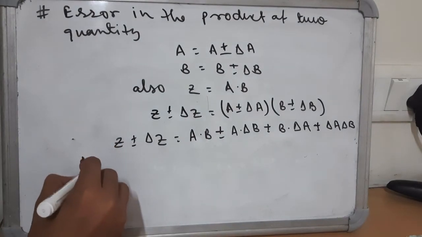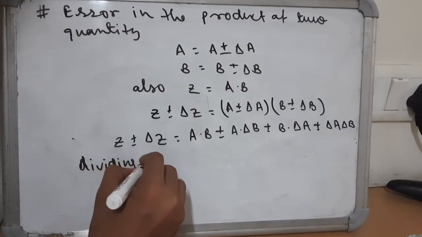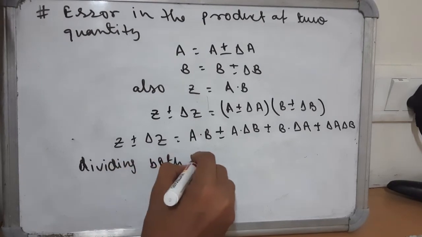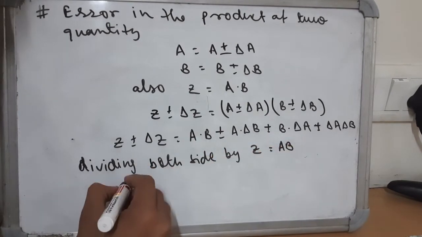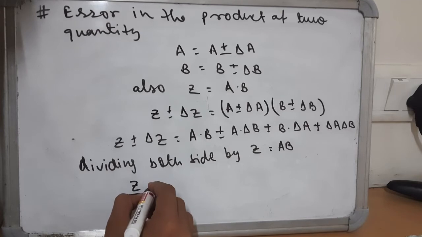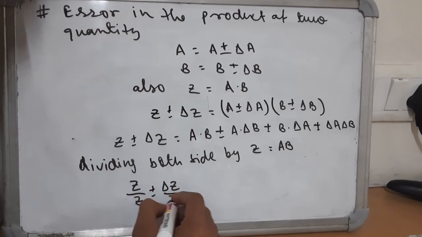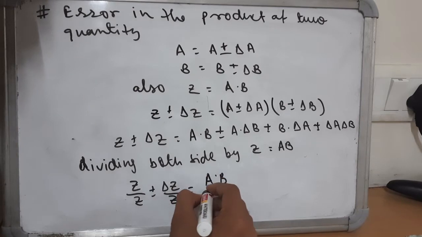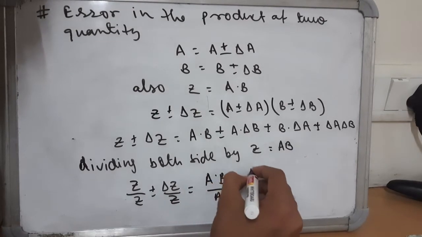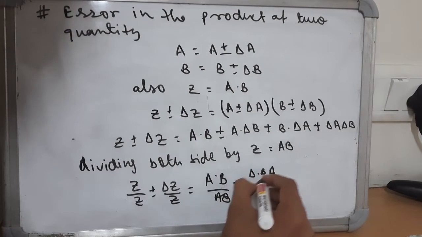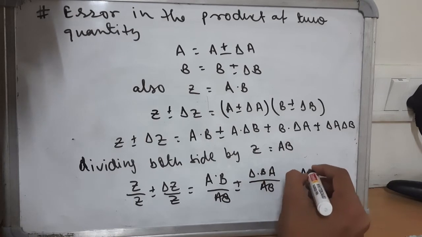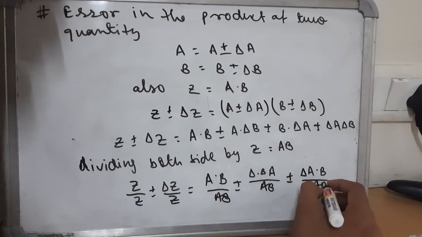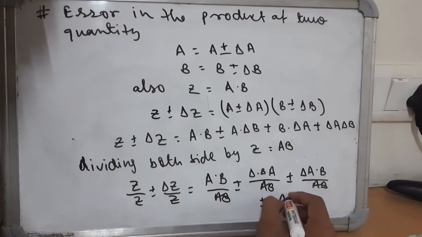Now by dividing both sides by Z equals AB, we will get Z upon Z plus minus delta Z upon Z equals AB upon AB plus minus delta B times A upon AB plus minus delta A times B upon AB plus minus delta A delta B upon AB.